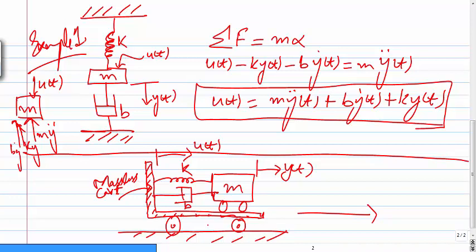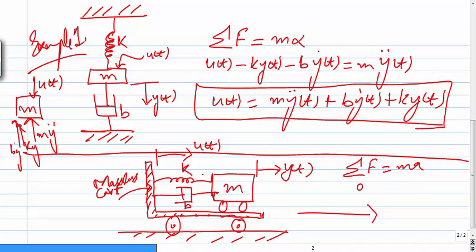So here there's no force mentioned, so how do we write the equation? We know the same formula, F is equal to ma, but there's no applied force, so 0. There are some opposing forces due to the spring and damper, but they are in between y and u.